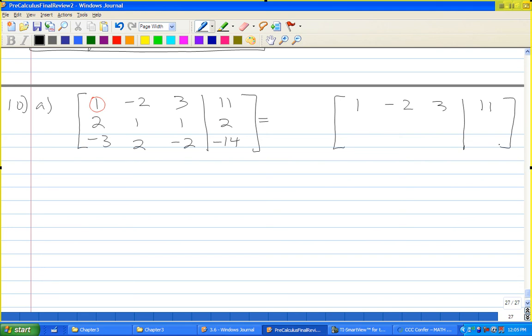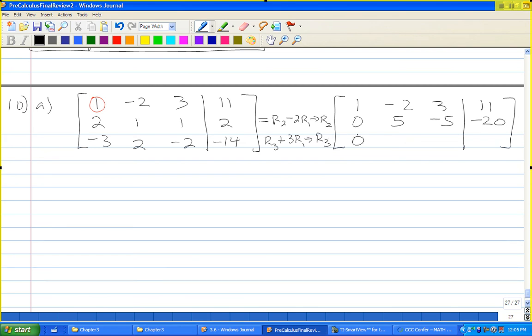Let's take row 2, subtract from it 2 times row 1 to give me a new row 2. 2 minus 2 is 0. 1 plus 4 is 5. 1 minus 6 is negative 5. 2 minus 22 is negative 20. Now let's take row 3, add to it 3 times row 1 to give me a new row 3.